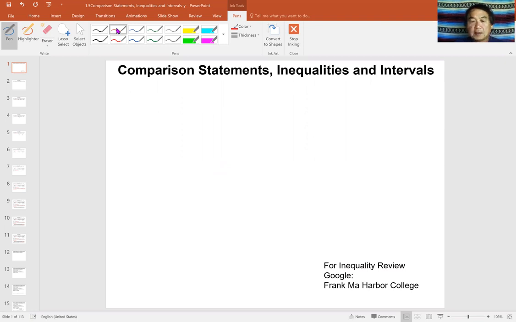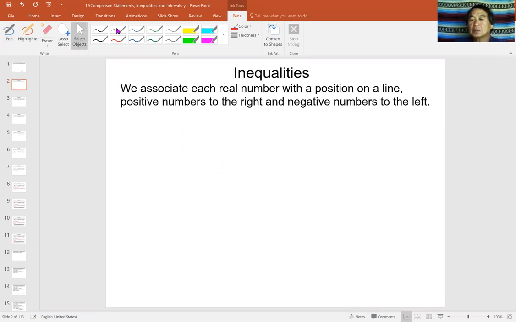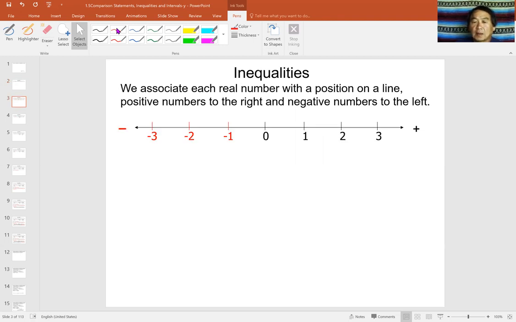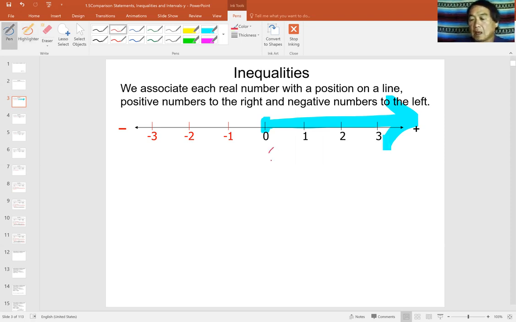Let me start off by reviewing the real line. We associate each number with a position on a line. Basically, it's a generalization of a ruler. On a ruler, we measure starting with zero and pointing in a direction.